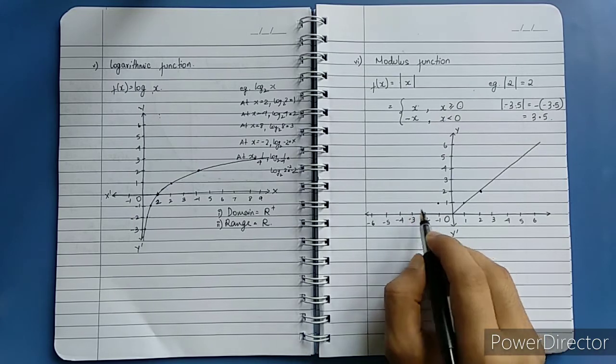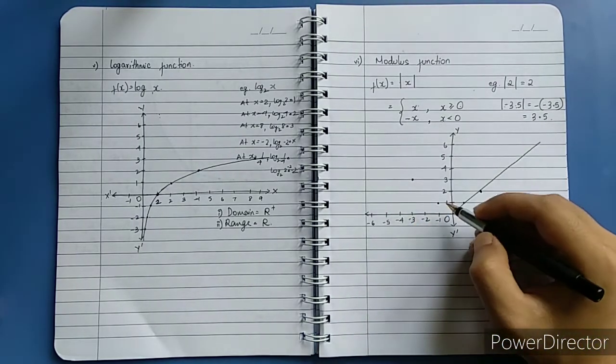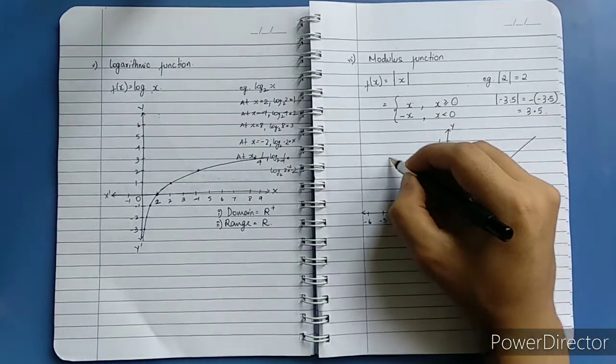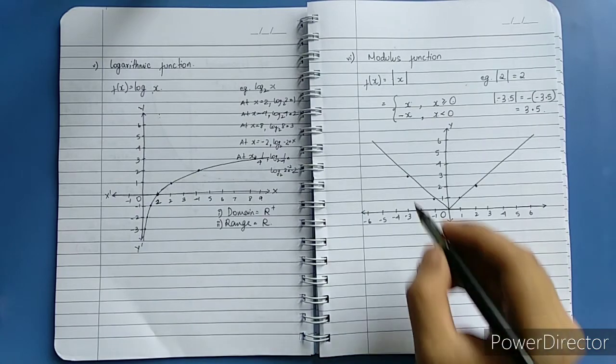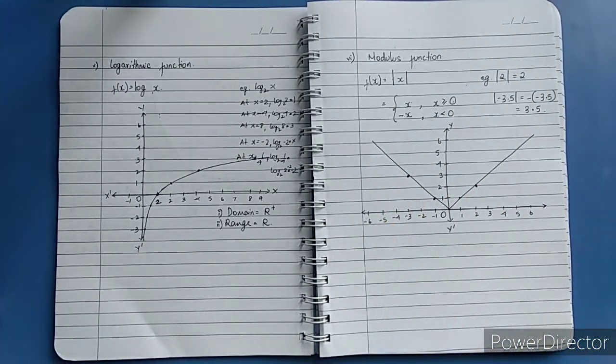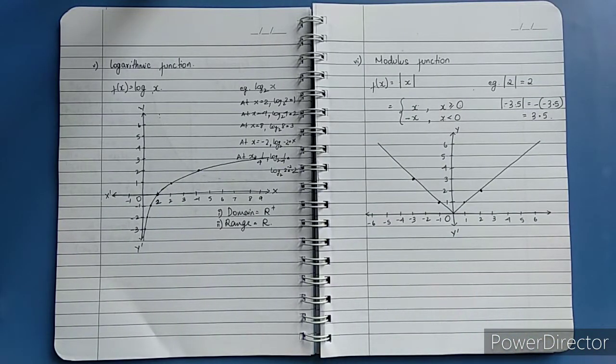Mod of minus 3 will be plus 3. So we get a graph like this for the negative numbers. This is the graph of f(x) = |x|.